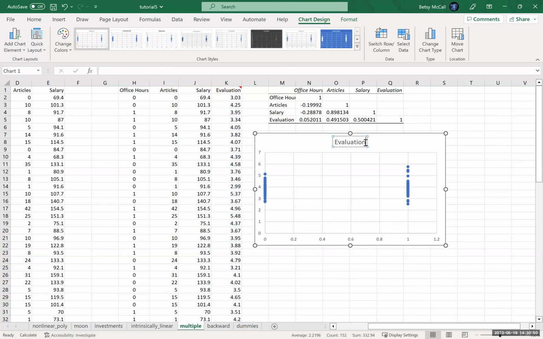I'm not going to necessarily do the axis labels here, but I will say which variable I am plotting. One reason we might want to do that is to know whether or not there's a linear relationship in the data, or if the data is potentially nonlinear, where we might want to go further and make some transformed variables. Discrete variables always look funny on a graph, so don't read too much into this necessarily.